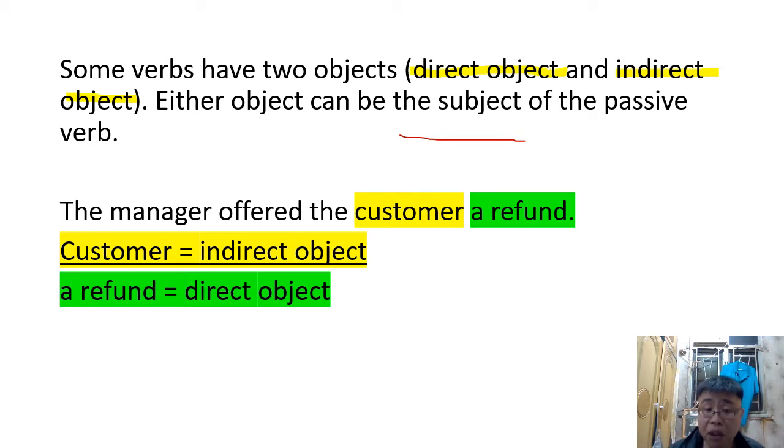The manager offered the customer a refund. The customer received the refund. So obviously, customer is the indirect object, and the refund is something that was given to the customer. So the refund is the direct object.